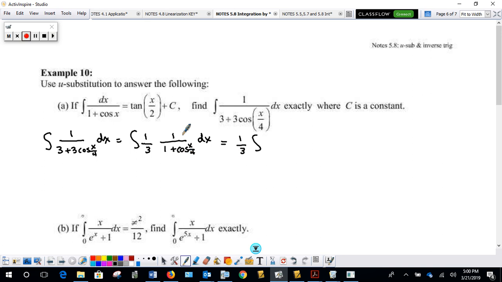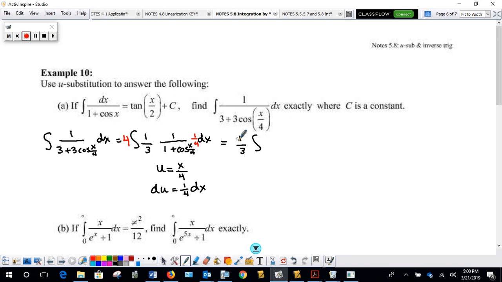Now here, what we're going to do is u is equal to x over 4. du would be 1/4 dx. So I need a corrector. I'm going to add it right here, 1/4. And if I add a 1/4, I need to add a 4 out here.